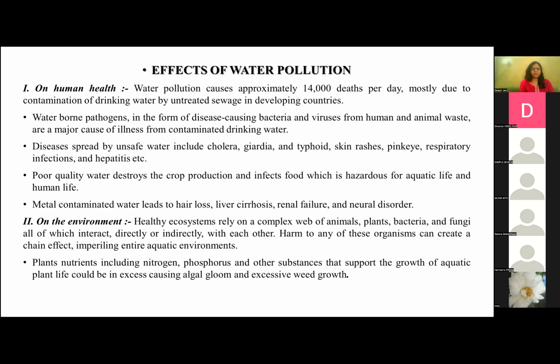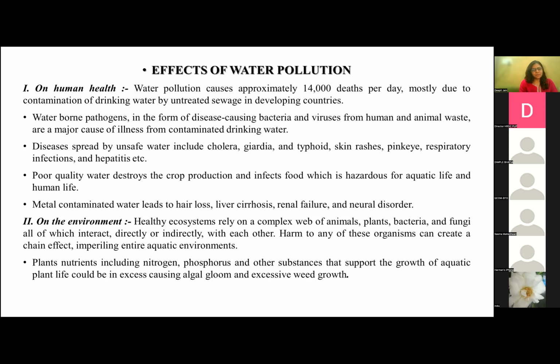It affects the environment also. A healthy ecosystem relies on a complex web of animals, plants, bacteria, and fungi, all of which interact directly or indirectly with each other. Harm to any of these organisms can create a chain effect and impair the entire aquatic environment.